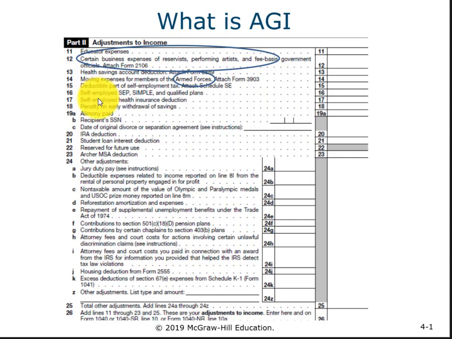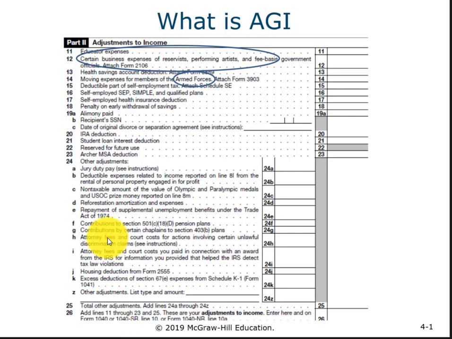We will briefly go over the self-employed health insurance deduction, penalty on early withdrawal of savings, alimony, student loan interest, okay, and then the Archer MSA deduction is essentially the same as the health savings account. If you didn't switch to the health savings account, you could still be doing it this way, but it works about the same.